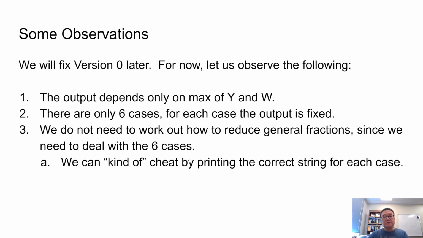In some sense, we didn't quite solve the math problem. We didn't do fraction reduction, but we're going to get the correct program this way. You can say it's kind of cheating, but again, it depends on the problem specification. If this is what we're asked to do, then that is a perfectly fine solution. So I encourage you to write the code to do that.